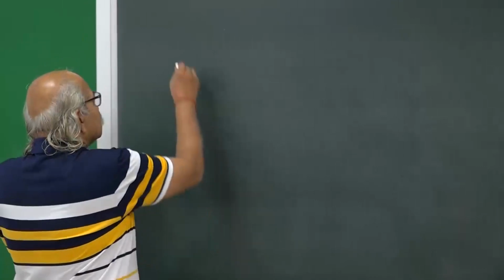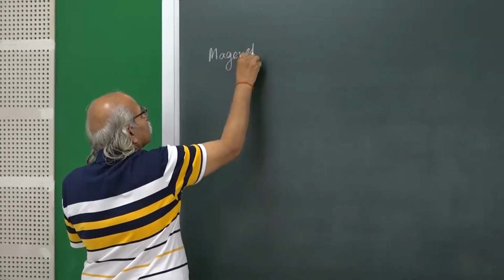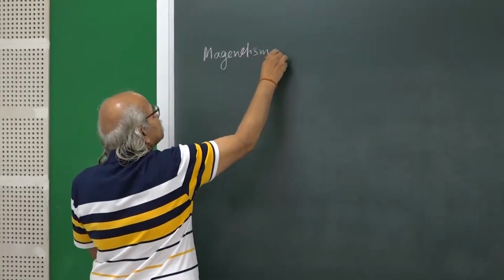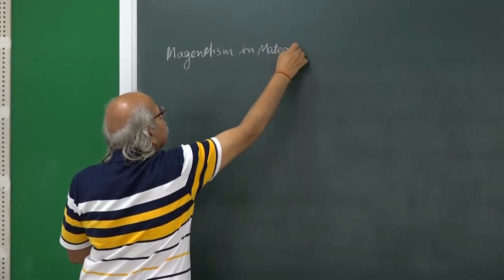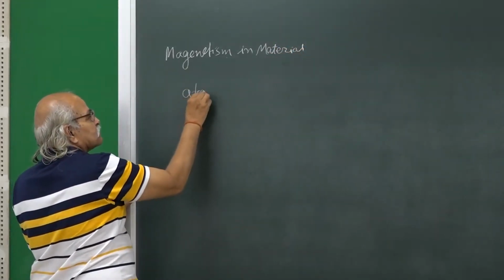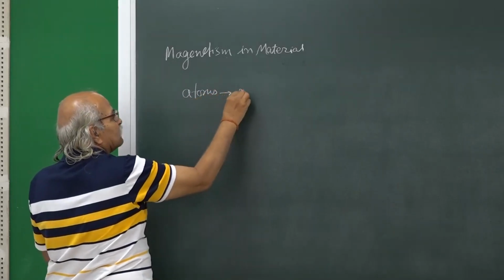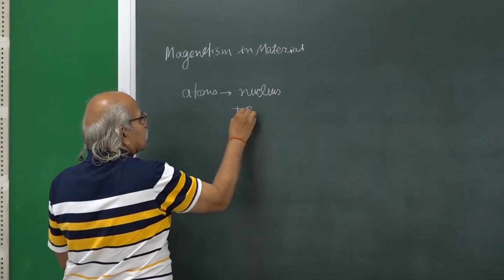Okay. So, once again, you have matter, material. So, you have atoms, and in these atoms you have a nucleus and electrons.